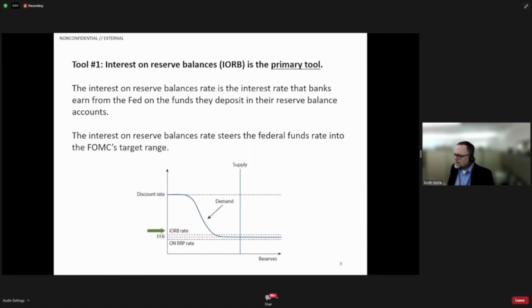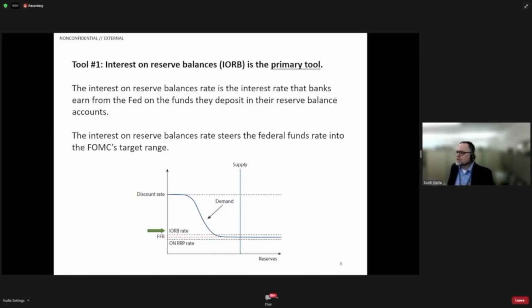So the interest on reserve balance rate is the interest rate that banks earn from the Fed on the funds they deposit in their reserve balance account. So in the limited reserves regime, banks were required to hold a certain number of reserves. They weren't compensated for that. They sometimes held excess reserves, and they weren't compensated for that either.